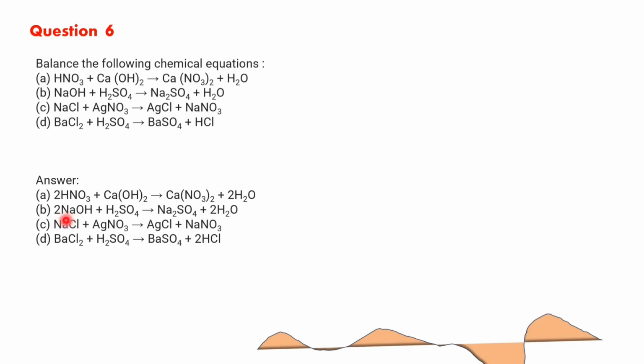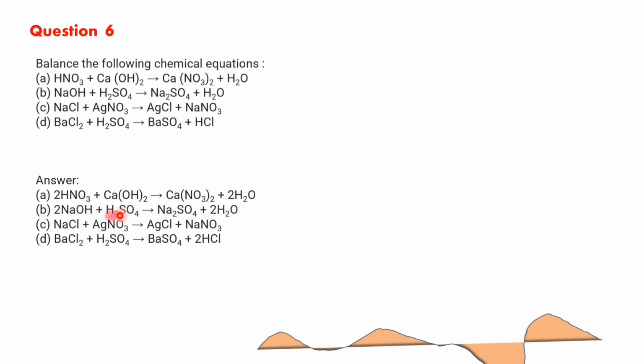Then the second one. If we consider the second chemical equation, there are 2 atoms of sodium on the reactant side, and on the product side also there are 2 atoms of sodium. Then if we consider the oxygen atoms, here 2 oxygen atoms, and here a total of 4 oxygen atoms.